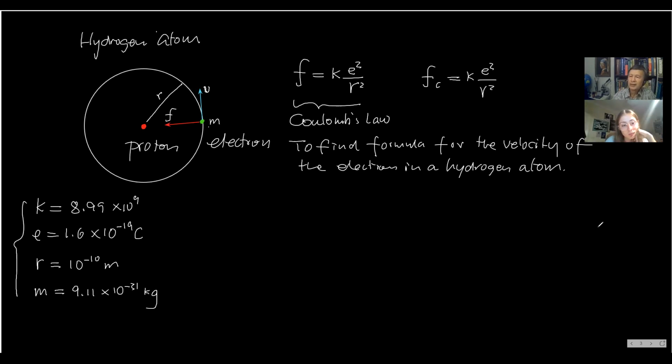But before that, can we work out the formula first? Do you want to try? This is another example of an electron doing uniform circular motion.